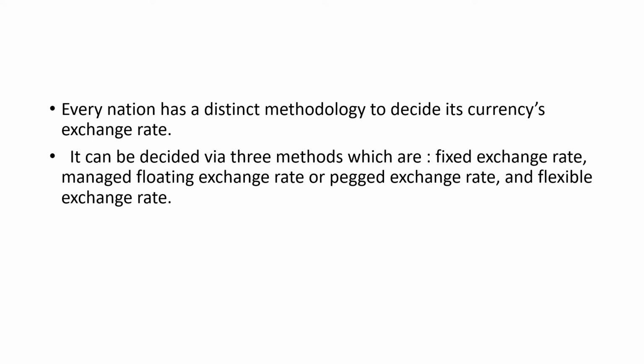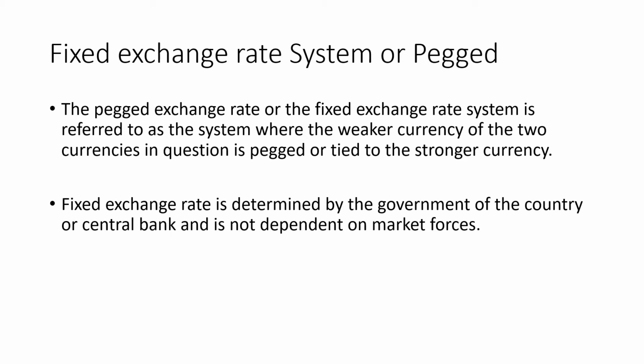These three methods are fixed exchange rate, managed floating exchange rate or pegged exchange rate, and also there is flexible exchange rate. It depends upon the economic scenario of the nation to resort to which kind of exchange rate. Fixed exchange rate or pegged exchange rate system, and that is what we are going to discuss here.